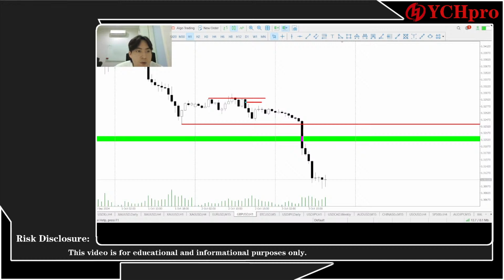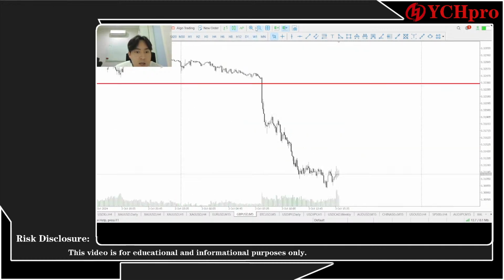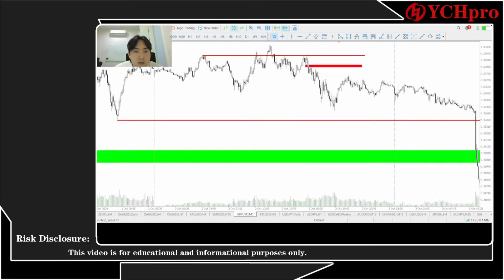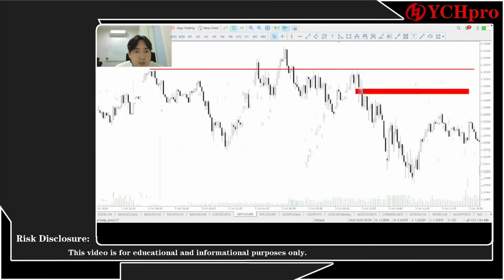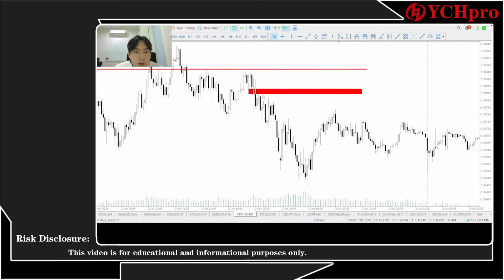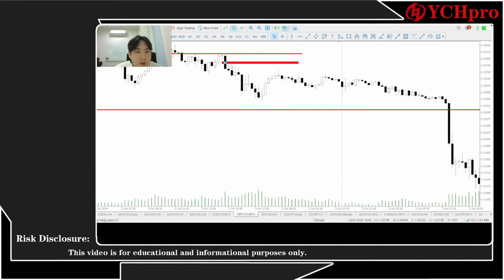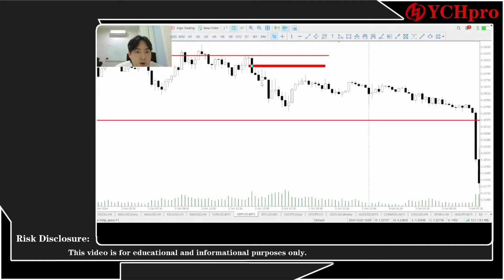Because of that, we'll go back to the 5 minutes, and you can see that the price is in this area. This is actually our point of interest. If you still remember, this is our point of interest, and I think it's the 50 minute fair value gap and also break of structure, change of character.